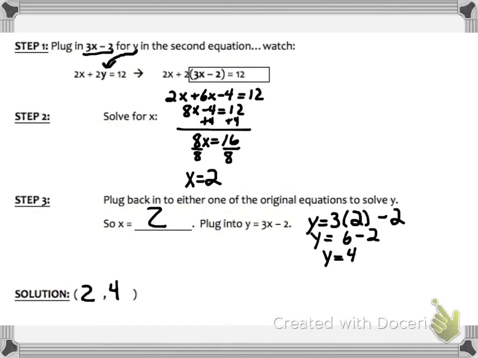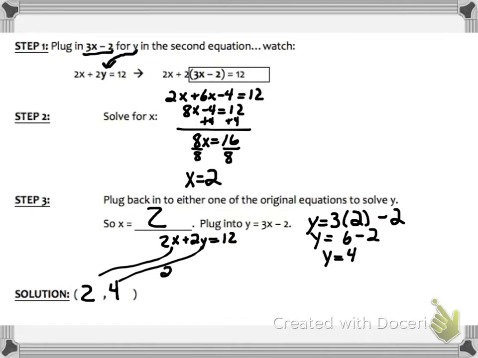And if I want to double check this work, I take the original other equation and I plug in this 2 and the 4 to find out if it gives me the correct answer. So the original equation was 2x plus 2y equals 12. And I'm going to plug in the 2 for x and the 4 for y.